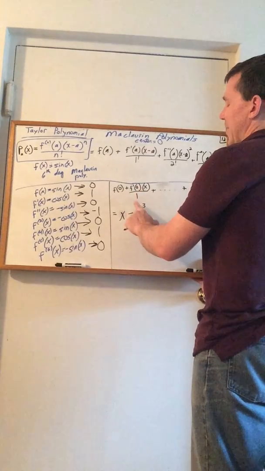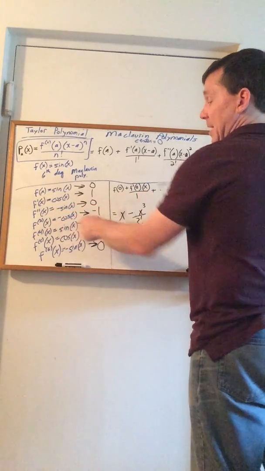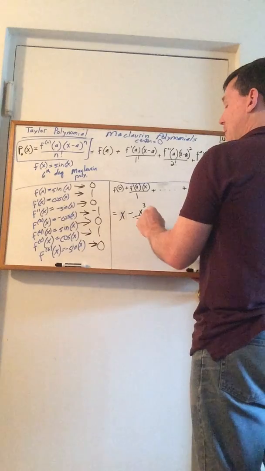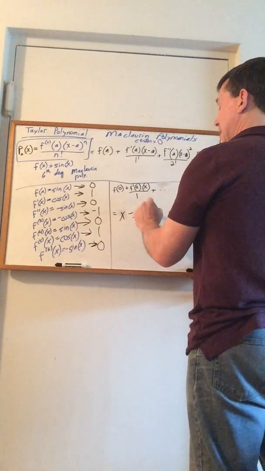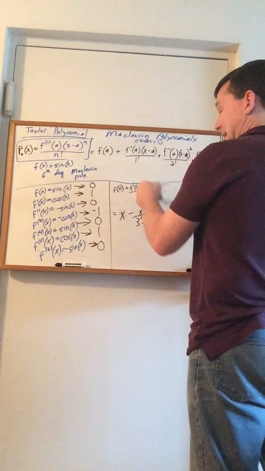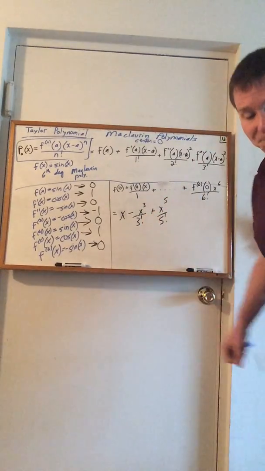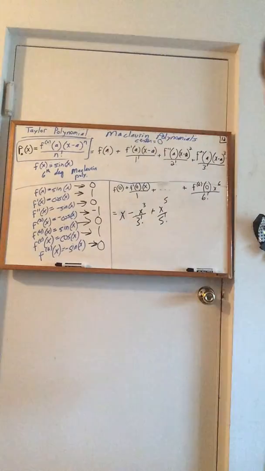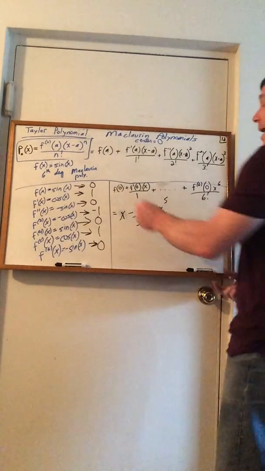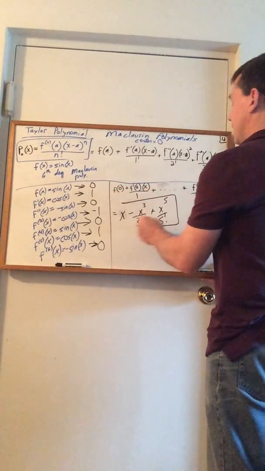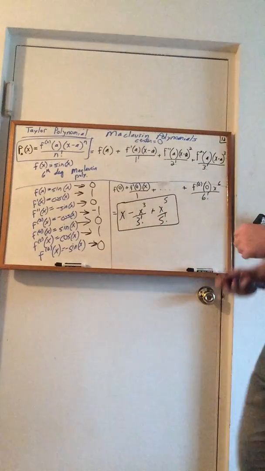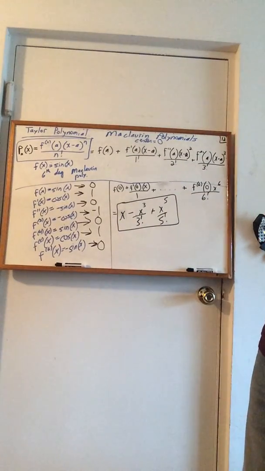I guess I can drop the 1 there. The 4th derivative will give me 0 again, so it'll fall out. The 5th derivative will give me 1 times x to the 5th, all over 5 factorial. I dropped my marker cap. Okay, good. And now right there, I get my Taylor polynomial.